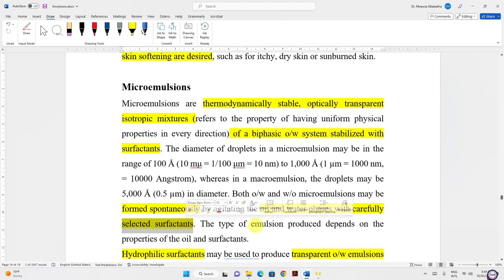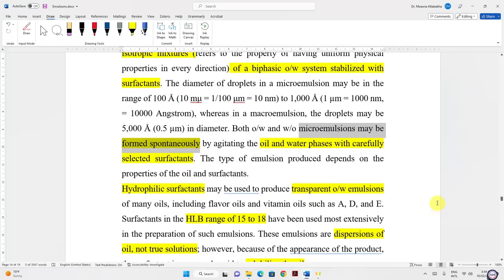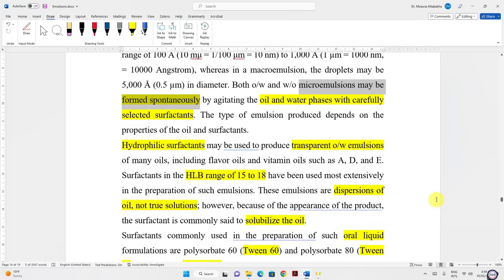Even though the oil is not soluble, they make the microemulsion behave as if it is a solution, that's why they are called solubilizing surfactants. And the nice thing here is that microemulsions may form spontaneously, without the need for agitation. You just put the right surfactants and then you will get the micro emulsion.